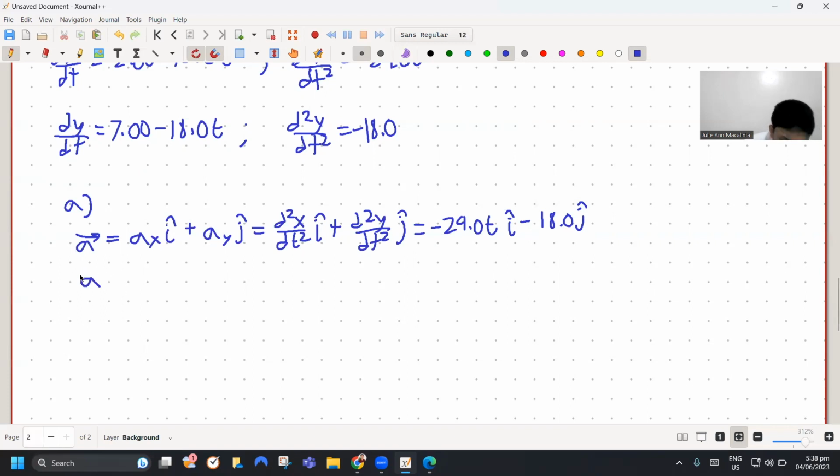So equal to okay, and then minus 18. Okay, so we know the acceleration. What are we looking for?